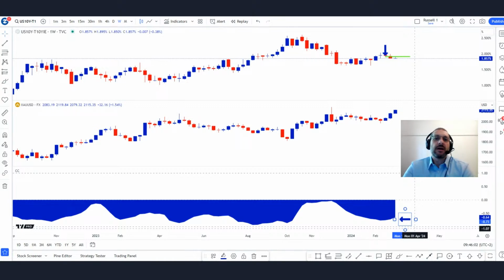So as the real rate evolves, let's carry on looking at gold, because if that correlation holds and the real rate serves as a driver for the precious metal, well, that's something that we should take note of, certainly as traders.